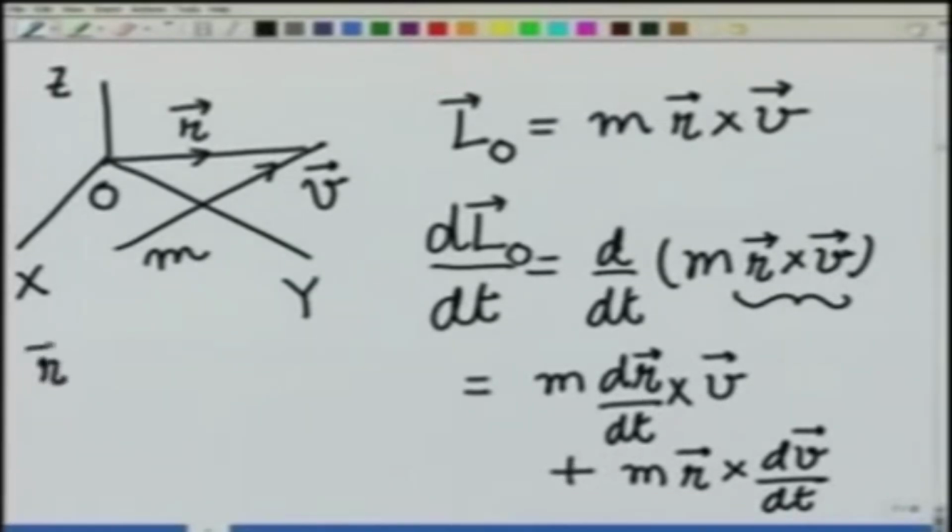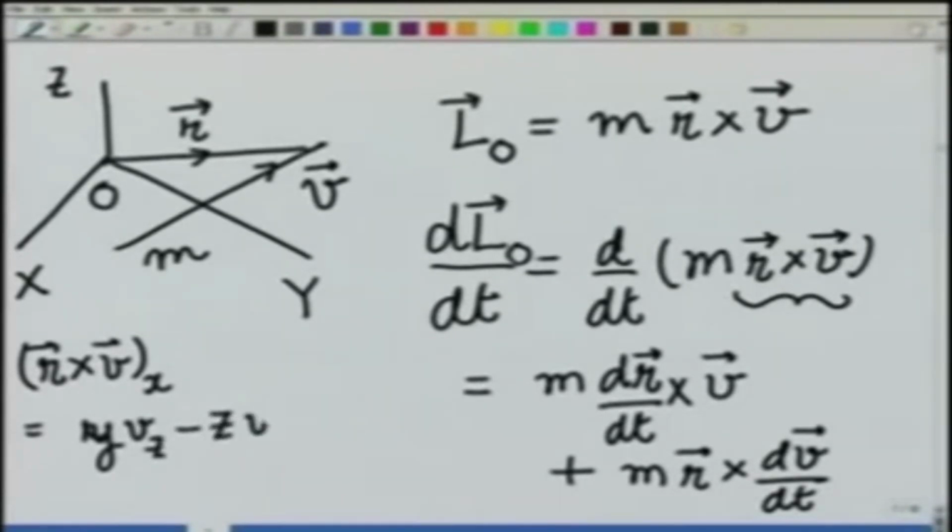As I said earlier, if you are not comfortable with using the vector quantities directly, take the component of r cross v, maybe take the x component, which would be equal to y v z minus z v y. Take the derivative and see that finally this emerges. So, derivative of r cross v is going to be dr/dt cross v plus r cross dv/dt, m is common.